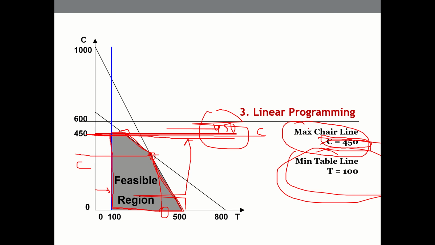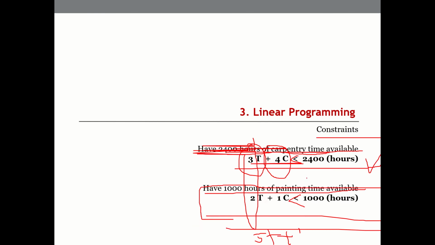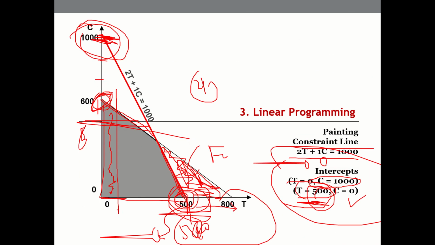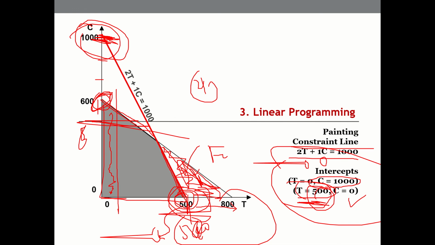Actually, there was the number of hours for carpentry also, that we can give a certain number of hours for carpentry. You are asking, we have taken the painting constraint line here.